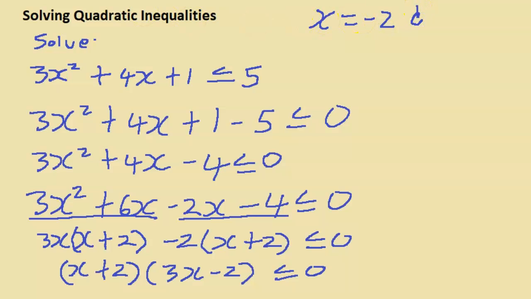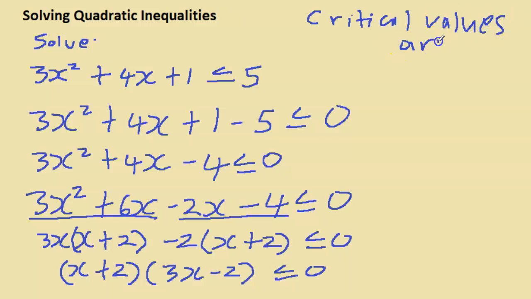Well, let's write down the critical values. So the critical values are the solutions when you equate these to 0. So x plus 2 equals 0, and x equals minus 2. That's a critical value.